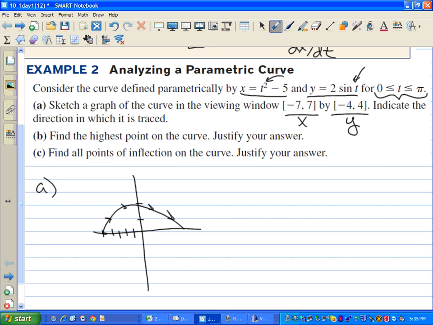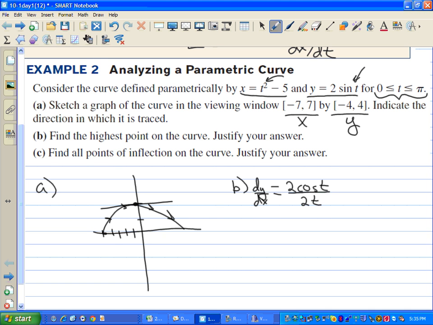Letter B says find the highest point on the curve. Well, the highest point of the curve is maybe somewhere here, I'm just guessing. But the slope of the tangent line would be 0 at the highest point. So if you look at the derivative, dy/dx with respect to t will be 2 cosine of t over 2t.